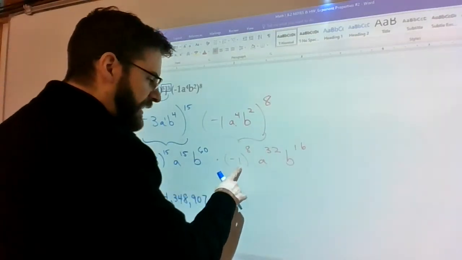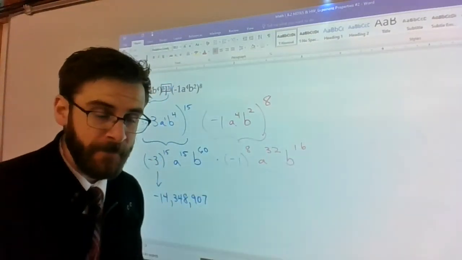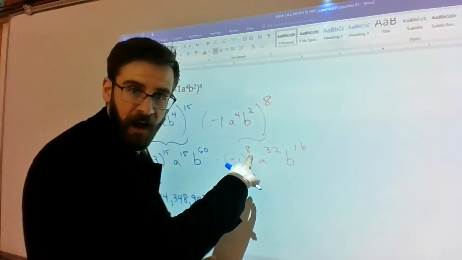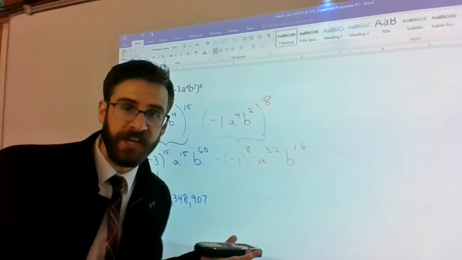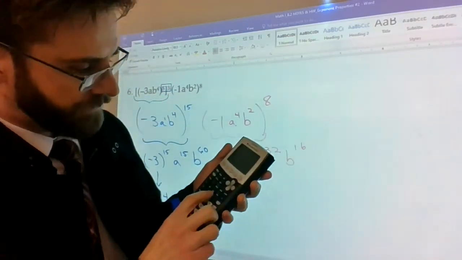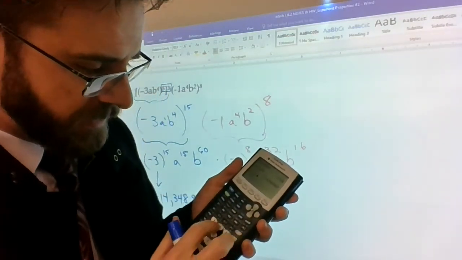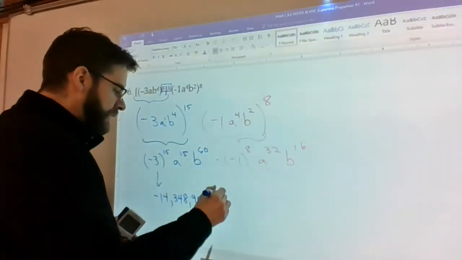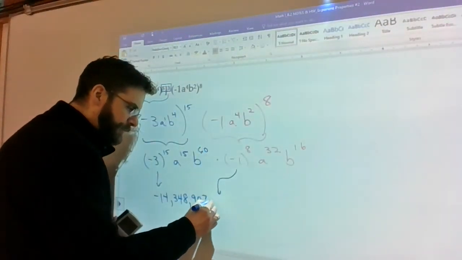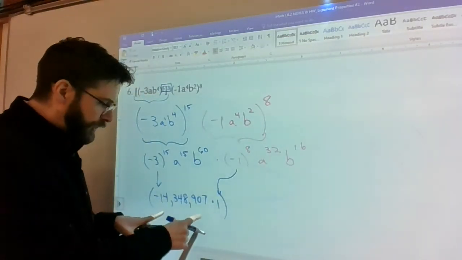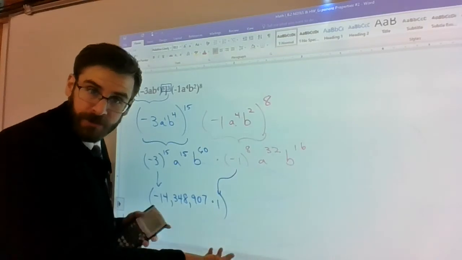And then -1 to the 8th power, it's a -1 times itself an even number of times. You multiply 1 times itself and you get 1. It's going to be +1. If you need reassurance, your calculator can back me up. Bam, 1. So I'm going to say times 1. You can probably skip the step where you don't show that because you're just multiplying by 1.